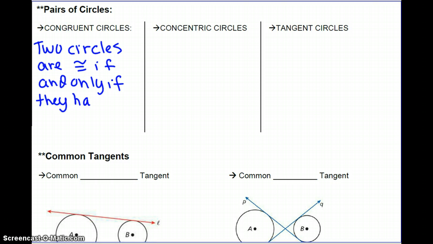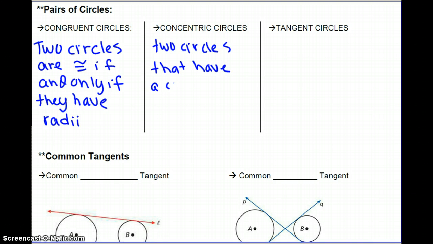And one thing I want to make note of, when you're talking about more than one radius, we do use radii, not radiuses. Concentric circles. A pair of concentric circles, that's when you have two circles that have a common center. Or in other words, they share a center.